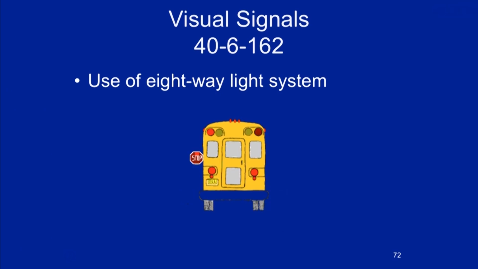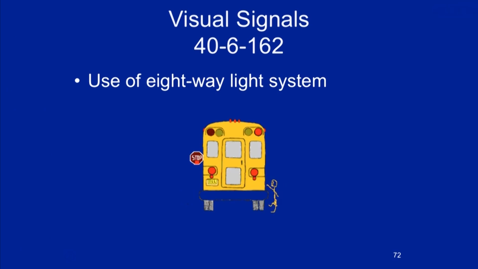But on those rare occasions when we really don't have much of a choice but to do that, the bus has to be back from or beyond the intersection so that it is no closer than 30 feet to the intersection in order to do that. So again, this provision of the law is primarily talking about prohibited usage. Usage of the 8-ways is prohibited when you're off of the roadway, and it's also prohibited when you are near a traffic control device.